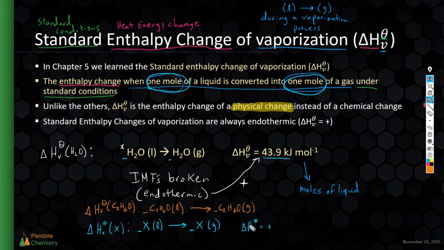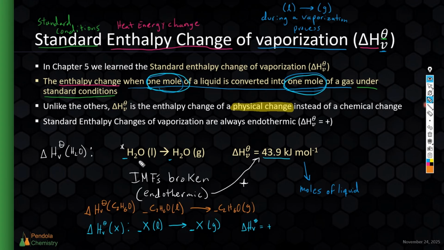But this is something you will be asked to do very frequently, to draw up an equation for a specific enthalpy change. So for the case of vaporization, always liquid to gas of whatever chemical it is that we're looking at, always 1 mole. And you should know that this is always going to be positive because of intermolecular forces, regardless of what they are.